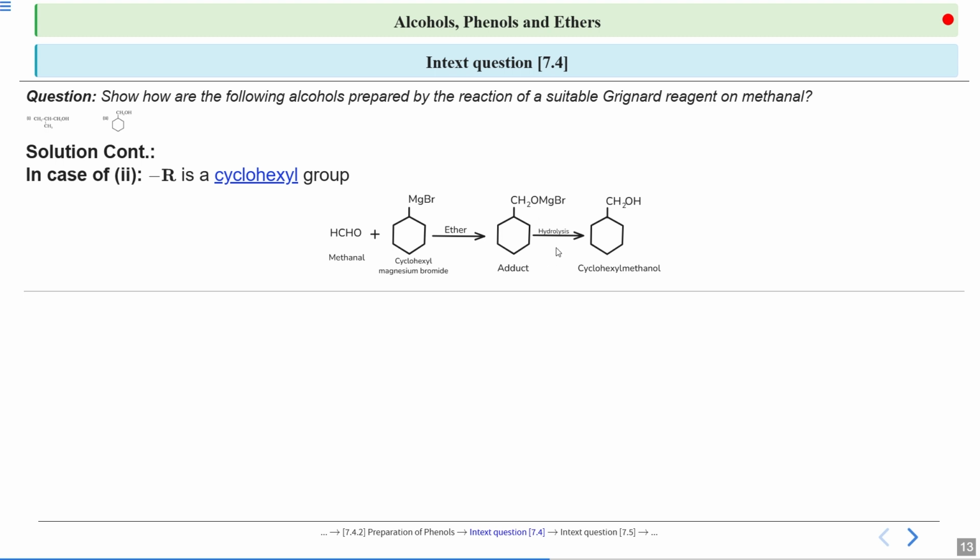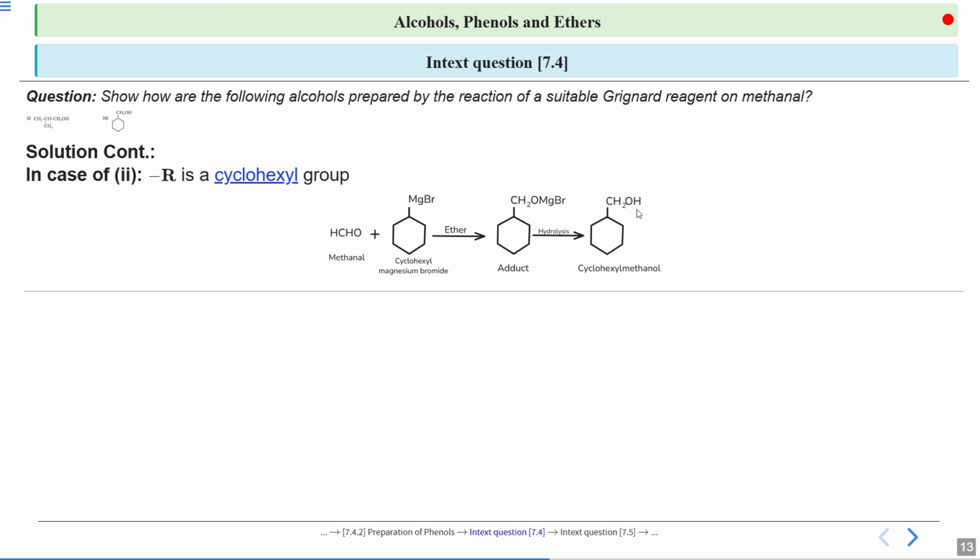Now further you will break it in the presence of water, that is hydrolysis. So H plus will attach to this oxygen, and OH minus will attack this Mg. So MgOHBr will leave and you will get cyclohexyl methanol, which is a primary alcohol only. To this carbon, a cyclic group is attached, so cyclohexyl, and methanol, one carbon.